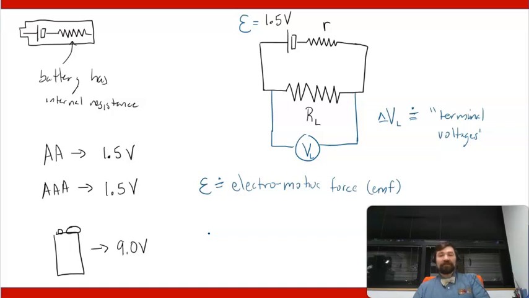Essentially, this EMF is what you'd get if you didn't have a load resistance connected and you just took the voltmeter and connected it to the two terminals of the battery, assuming, of course, that the voltmeter's internal resistance is very, very high.